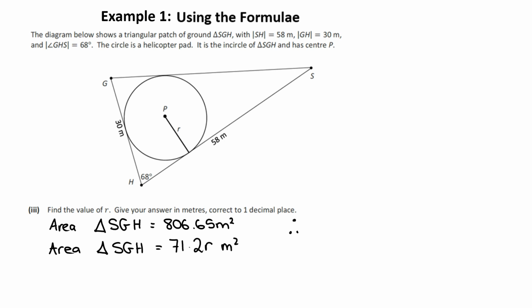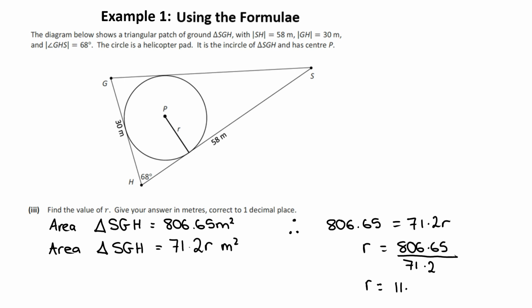So therefore we have a little equation that says, well, 806.65 must equal 71.2 OR. Therefore OR must equal 806.65 divided by 71.2, and when we work that out, we work that as 11.3 meters.